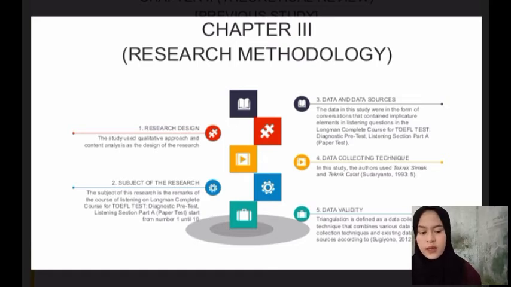So why do I use a qualitative approach for this research? It is related to Gary Anderson and Nancy Arsenault in 1998, page 126.